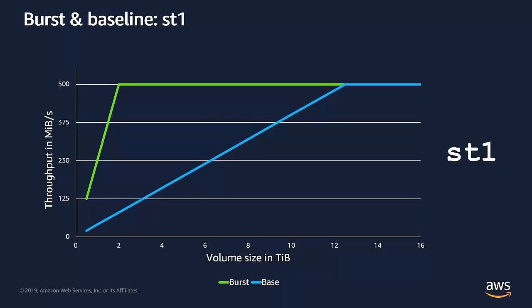You just accumulate credits at a faster rate, thus increasing the time you can burst for. Baseline performance grows with the volume size until baseline reaches burst, which happens near 12.5 terabytes. Here's a quick example of an 8 terabyte volume, which can get 320 megabytes per second of baseline throughput and can burst to 500 megabytes per second.